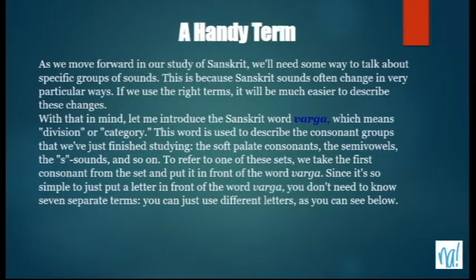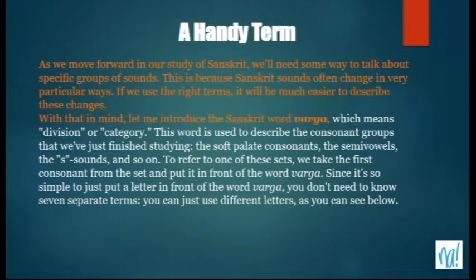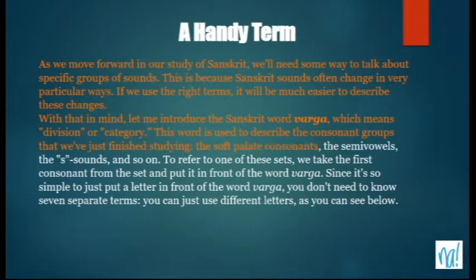A handy term. As we move forward in our study of Sanskrit, we'll need some way to talk about specific groups of sounds. This is because Sanskrit sounds often change in very particular ways. If we use the right terms, it will be much easier to describe these changes. With that in mind, let me introduce the Sanskrit word varga, which means division or category. This word is used to describe the consonant groups that we've just finished studying: the soft palate consonants, the semivowels, the S sounds, and so on.